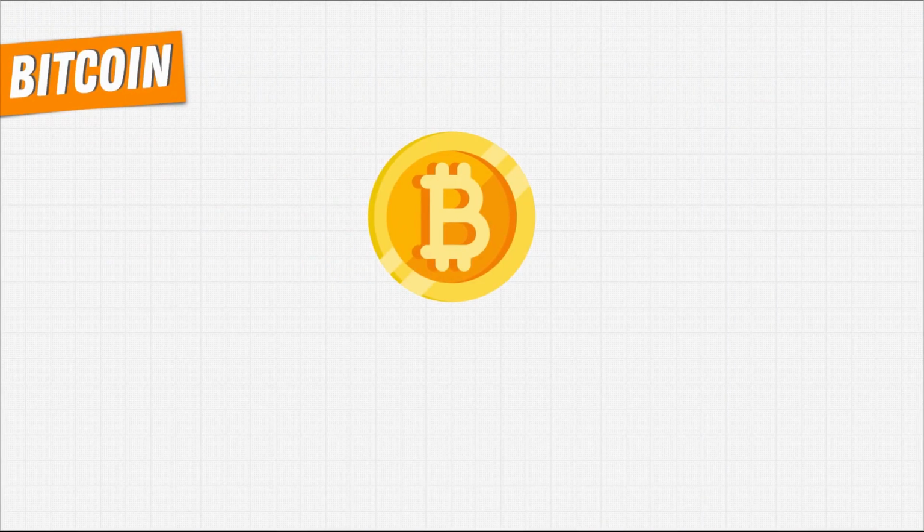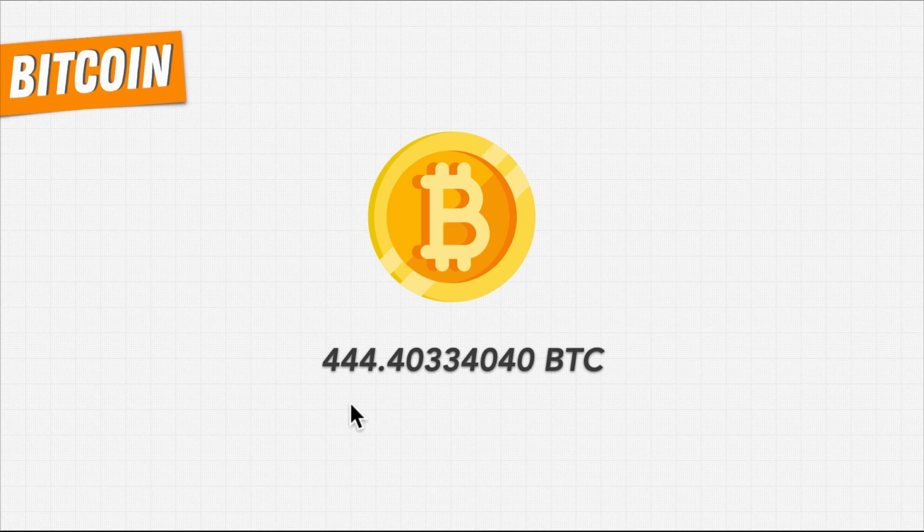Now, before we move forward, let's take a fun little break. How do we split a Bitcoin? So far, we've been seeing Bitcoin amounts that look something like this. We have a whole number followed by 8 decimal places.